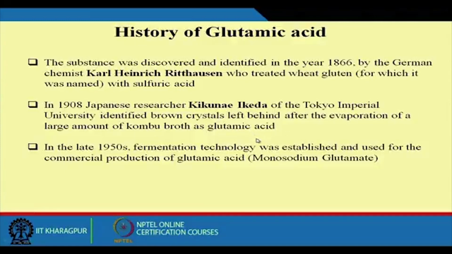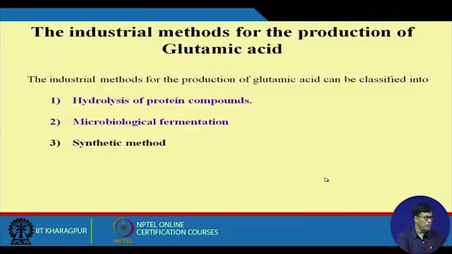The kombu broth is a kind of fermented product that if you evaporate, some brown crystal remains, and they identified this as glutamic acid. In the late 1950s, the fermentation technology was established and used for the commercial production of glutamic acid, and mostly we target the production of monosodium glutamate.